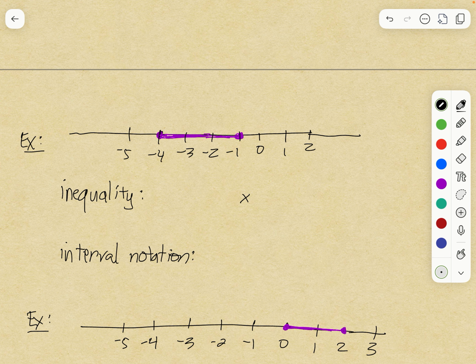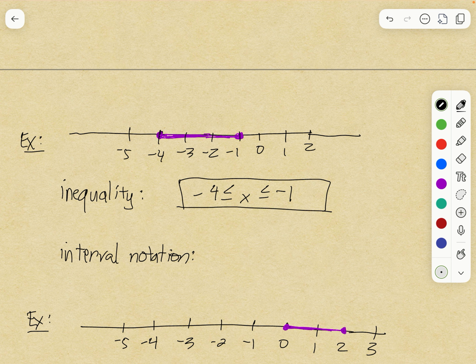So that means that x must be greater than or equal to -4. And in addition, it must be less than or equal to -1. Both of them need to happen in order for x to be in this interval. So this would be how you would write this as an inequality.